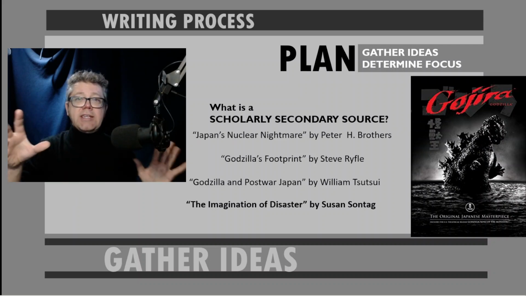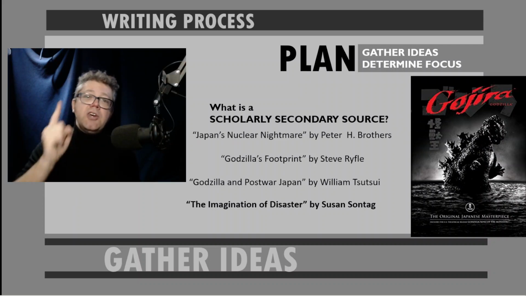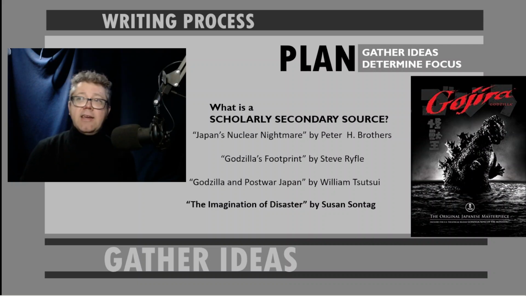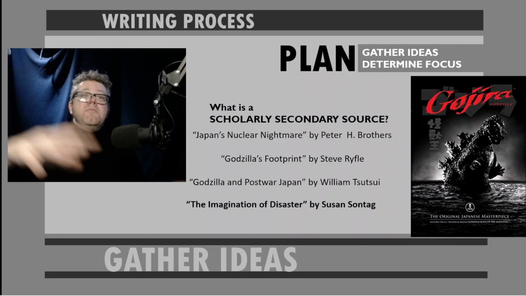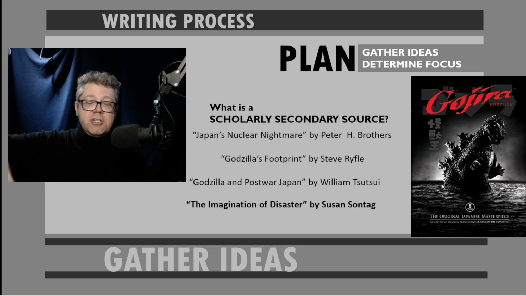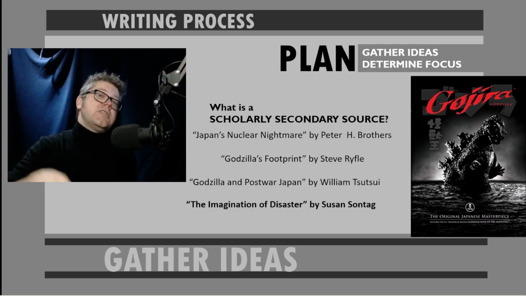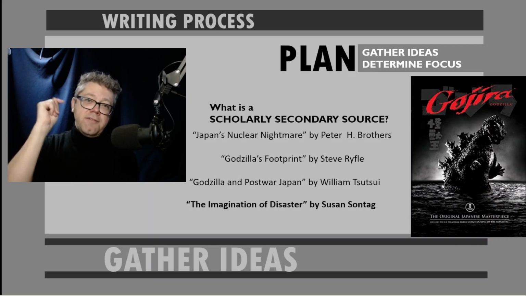So in the breakdown of the writing process, week 1, planning, gathering ideas, determining focus. It shouldn't take you a whole week to locate the articles. It should take you about an hour or 2, given that our database has all these journals that you can access, and most of them will give you the PDF immediately.